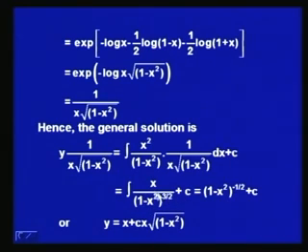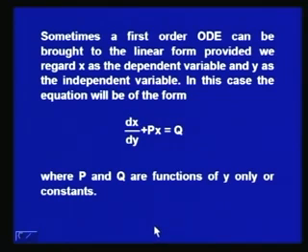Now, here when you put 1 - x² as t and then change the variable from x to t, we can easily show that the integral of this is (1 - x²)^(-1/2), and so we get the right hand side as (1 - x²)^(-1/2) + c. Now, we multiply this equation by x √(1 - x²) and then obtain y equal to x + c x √(1 - x²), which is the general solution of the given differential equation.